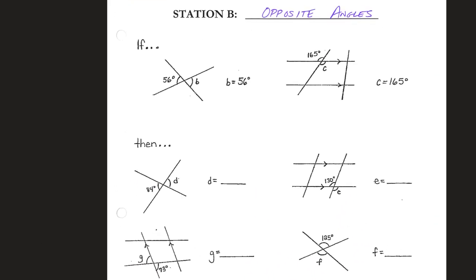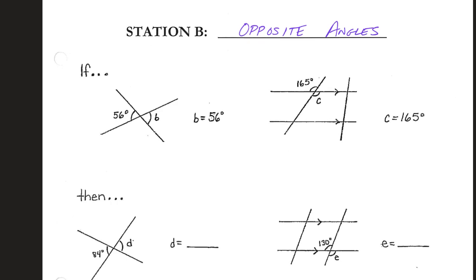So, station B should have been a case where we saw that we had opposite angles. So we should be filling in at the top. Station B are all examples of opposite angles. And instead of us copying the bottom down first, I want to take the other direction now. What are opposite angles?